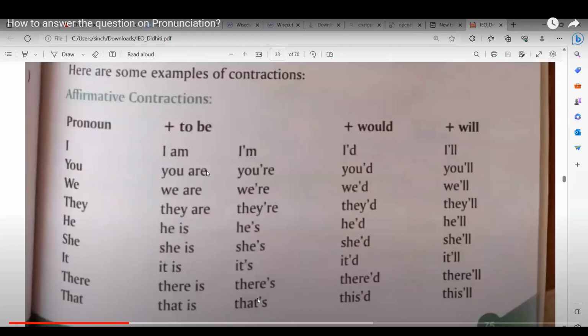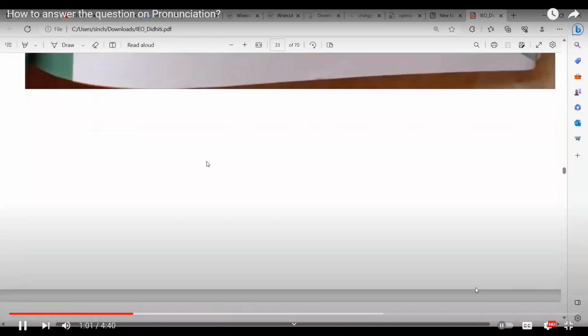What is the short form? Who can tell me? There is. Very good. I is omitted and S is written. Here WOUL is omitted and D is written. Here WI is omitted and double L is written. Is it clear to everyone? Yes, ma'am.